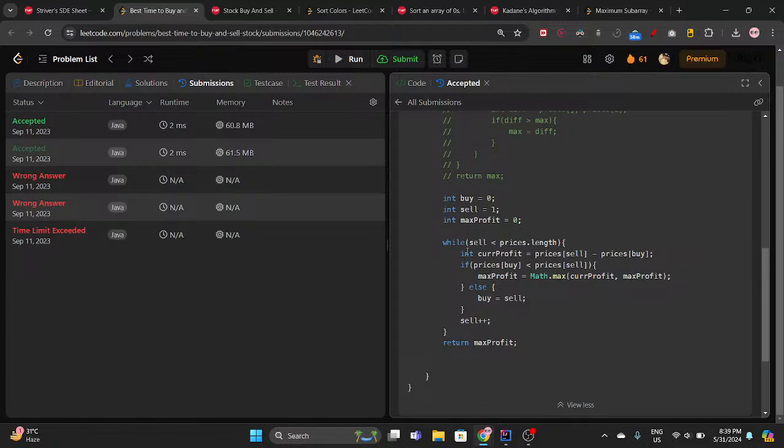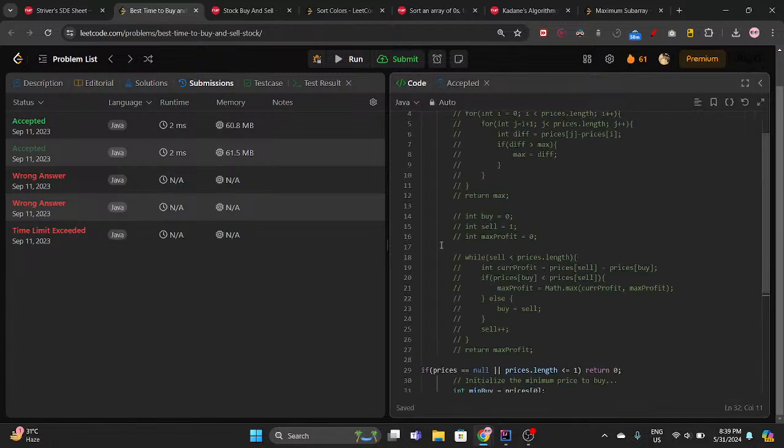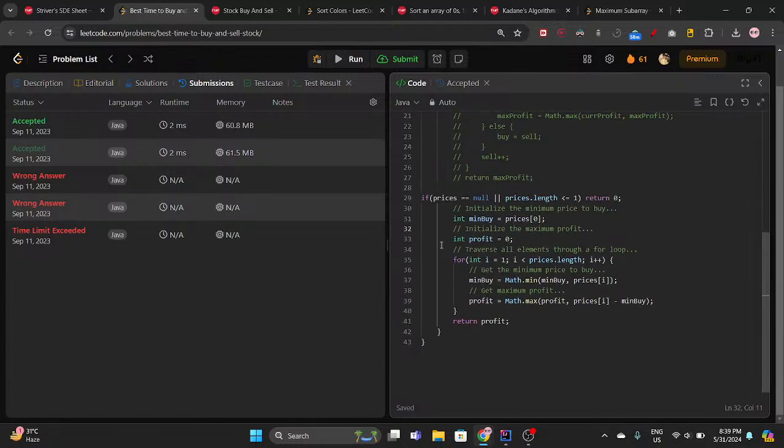So this was what I was speaking about. In this, what is happening is it is almost the same.